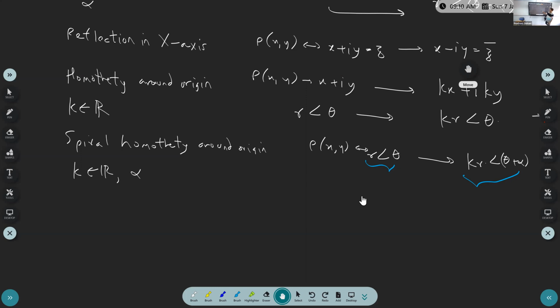So applying this spiral homothety of k and alpha is the same as, if we call the original complex number z, the new complex number being simply z times the complex number defined by k angle alpha. So if you have a complex number of magnitude k and angle alpha, and you multiply that complex number with the original point, you are going to get the same result.